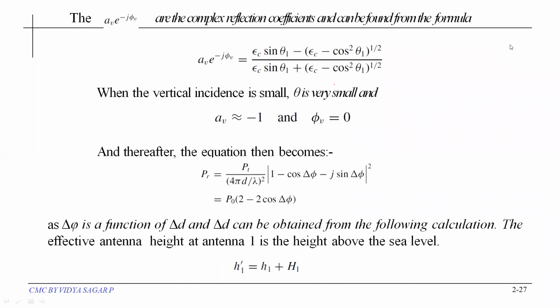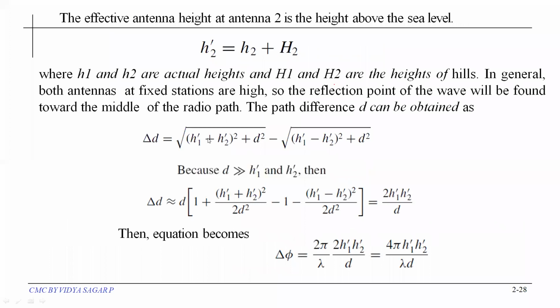Whereas h1 dash is equal to small h1 plus capital H1, which is the height of the antenna at the base station. Another one is above the sea level, which is antenna height 2. H2 dash is equal to small h2 plus capital H2.